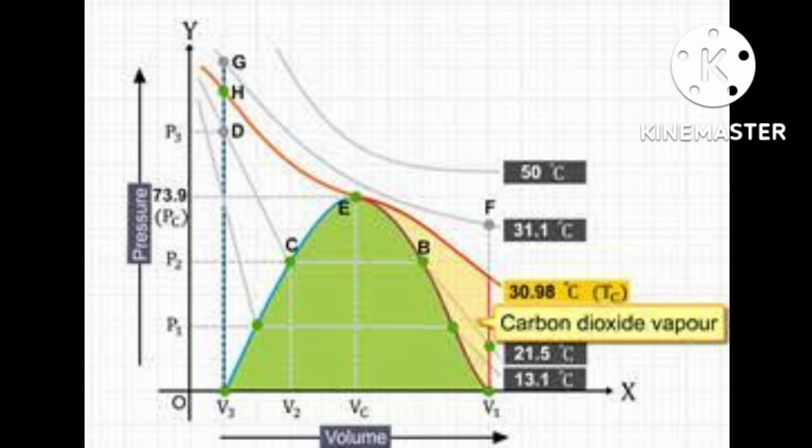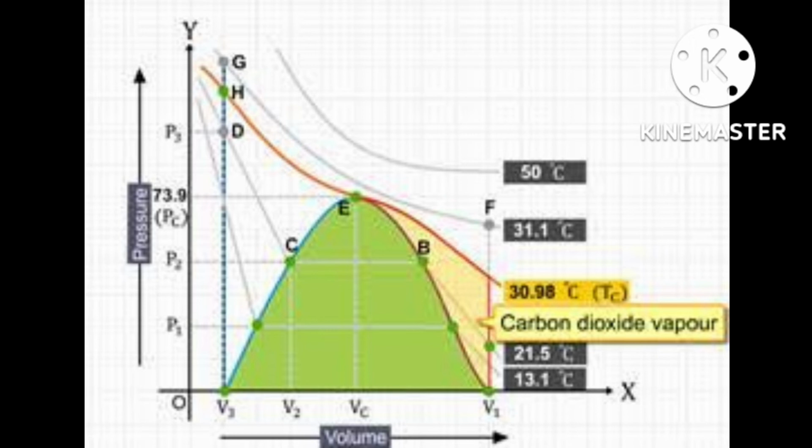That stage is called the continuity state. I have discussed the continuity state in advance. This is difficult to understand, but I told it in the right place. This happens only at critical temperature. Gas will convert to liquid, and at the same time it can be converted into gas also, meaning vapor.